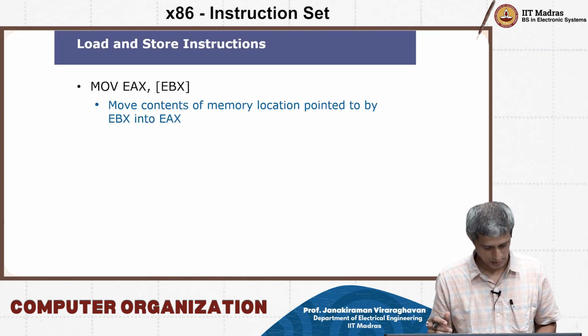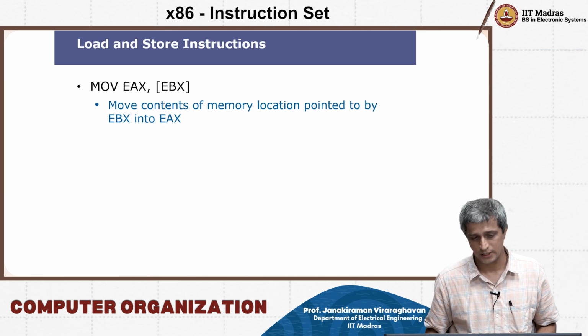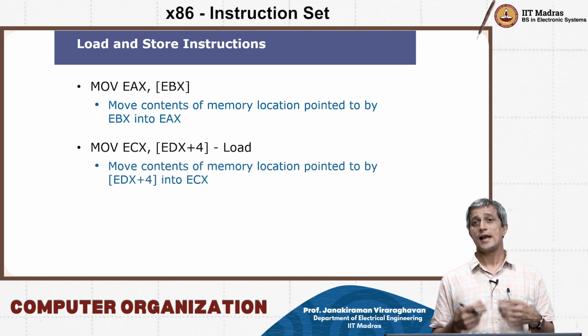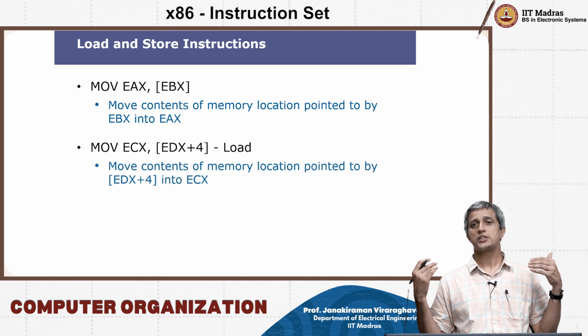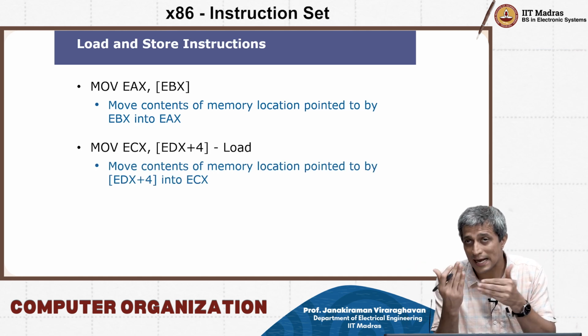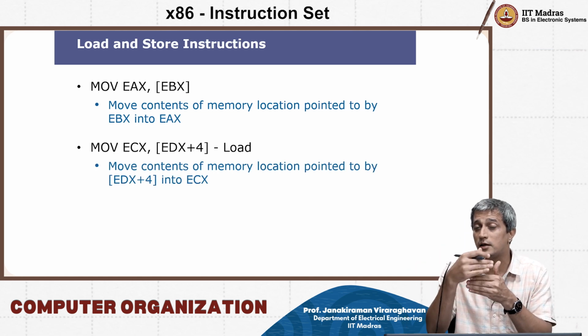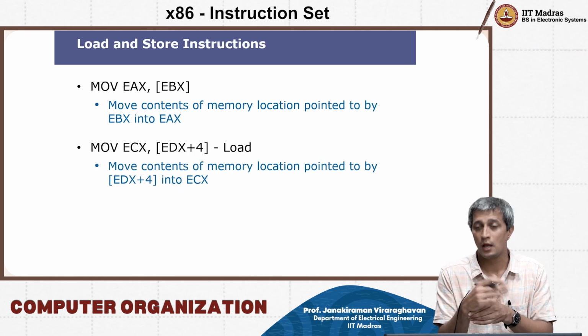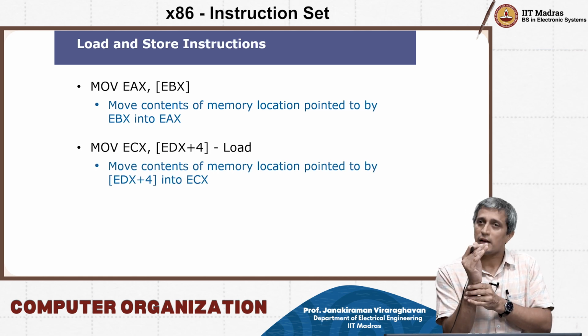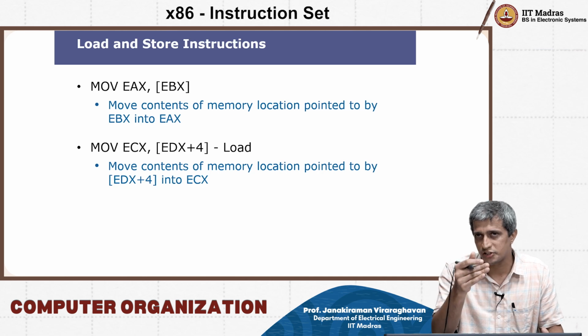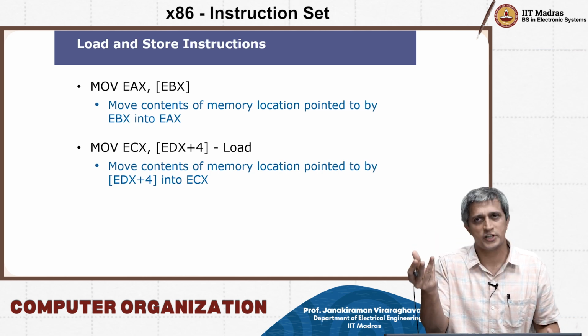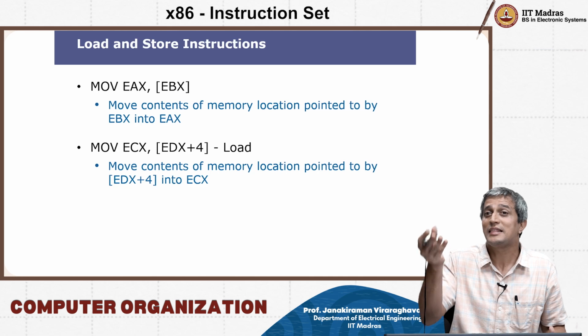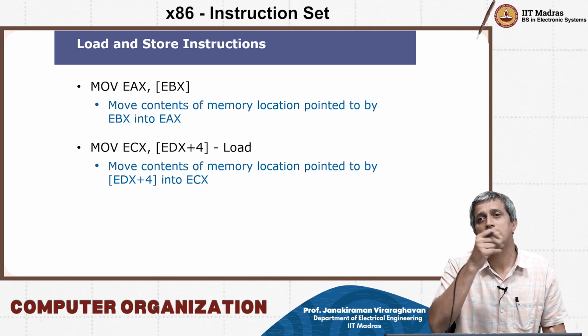Now I could do something more interesting than that. I could not just treat the register value as an address, I could say take the value from the register, add some offset to it, and then treat that as the address and get me the data from there.